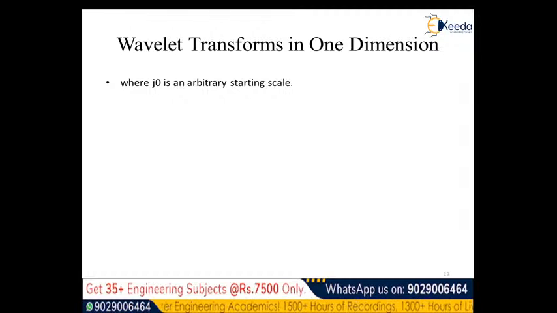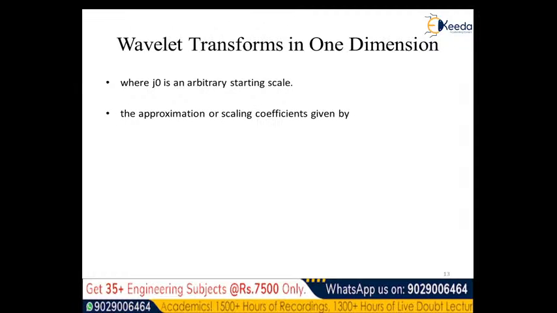The first is the approximation, also known as the scaling coefficients, which was represented in the earlier expression. Let us denote that earlier equation as equation number 1. Here the scaling coefficient, or approximation coefficient, is denoted c of k with suffix j0.